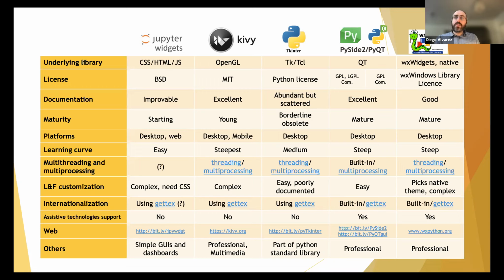PySide2 is a little bit better in that sense, because it lets you use the library in software that is not going to be open source, using the Lesser General Public License. But as the Lesser General Public License imposes, there are some restrictions you need to take into account in order to do that.